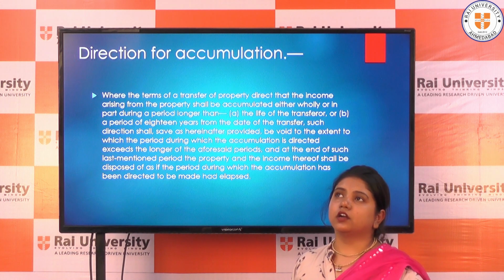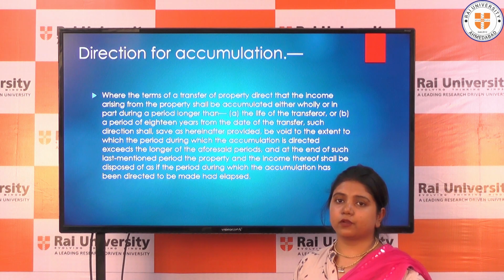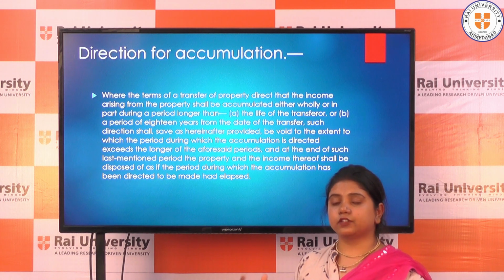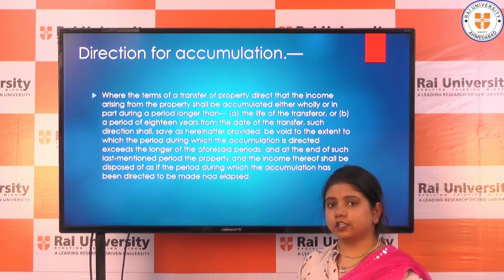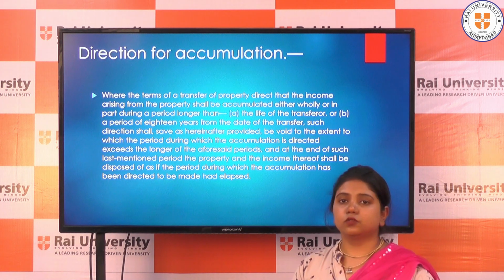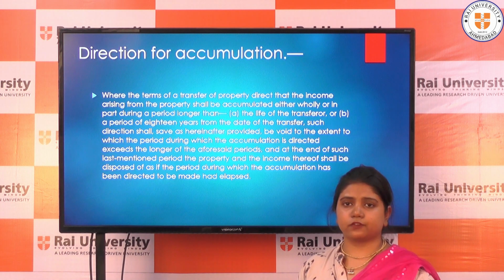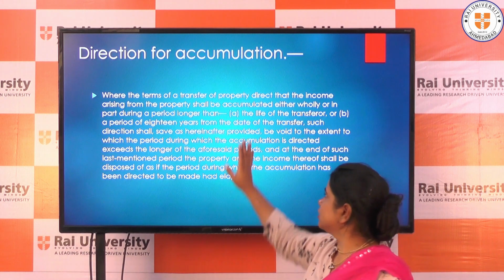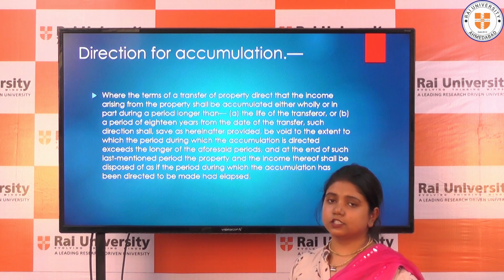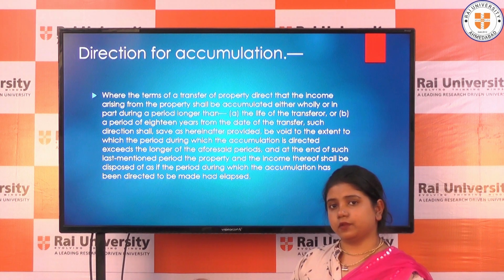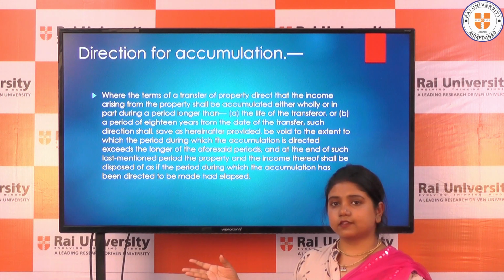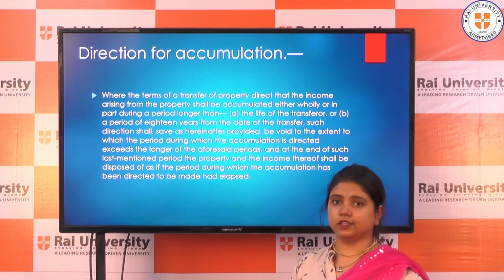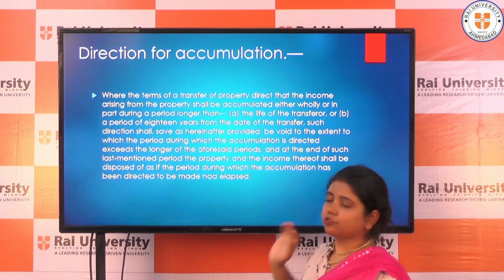For example, 50% of the income you receive from that property, you have to accumulate and transfer to someone, C. So this is what the accumulation doctrine deals with: A transfers the property on behalf of B, and the condition is that for 50 years you have to accumulate the money and transfer that money to C. Okay, this is what the doctrine of accumulation is.